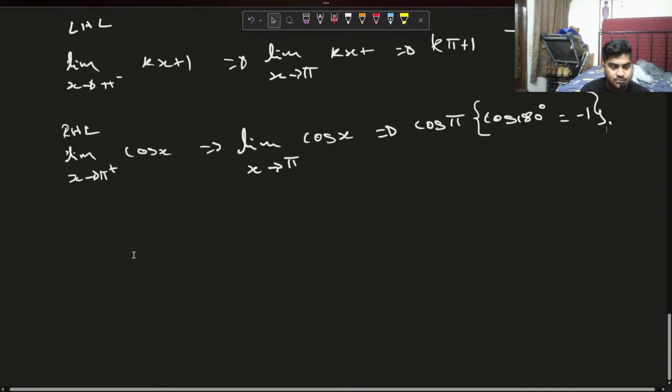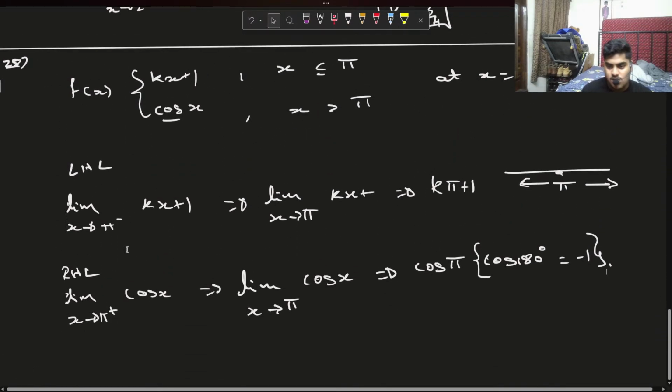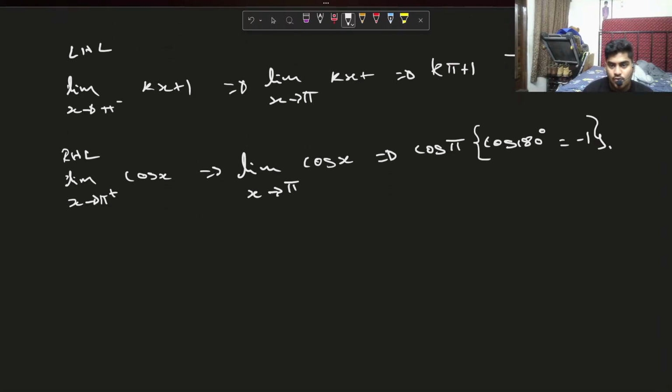So k pi plus 1 equals minus 1. So k pi is equal to minus 1 minus 1. So k is equal to what?